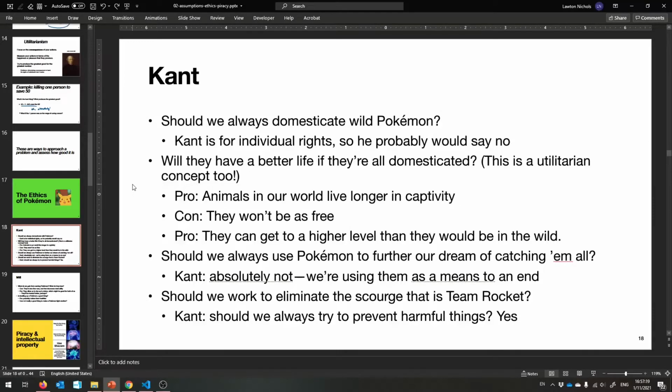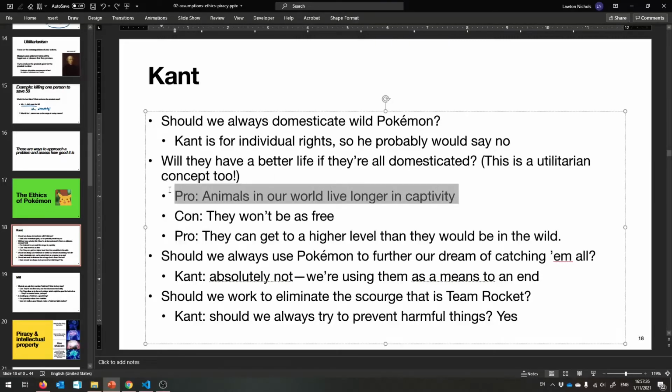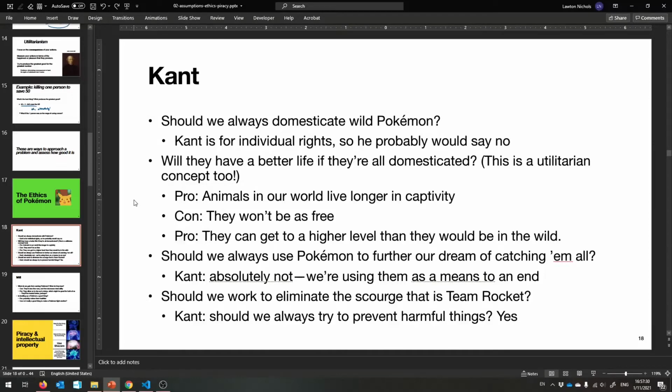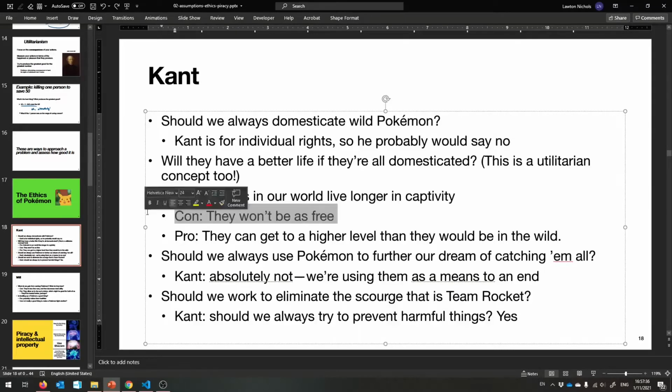In terms of pros, animals in captivity might live longer, and they do in our world. Maybe they do in the Pokemon world. So that's an argument for domesticating every Pokemon. The con, though, and this goes back to individual rights, is that they won't be as free. That's something Kant will have to weigh.